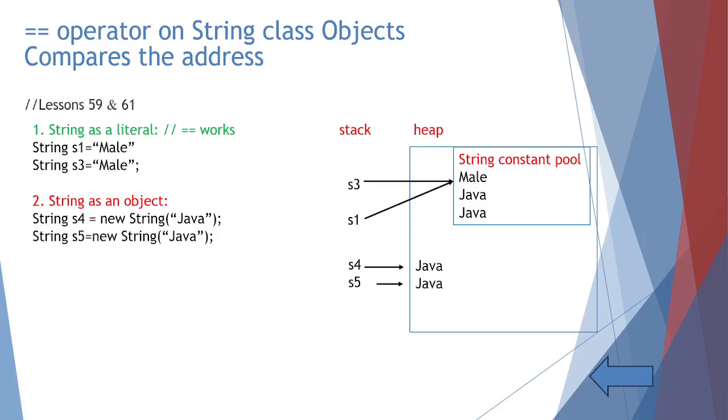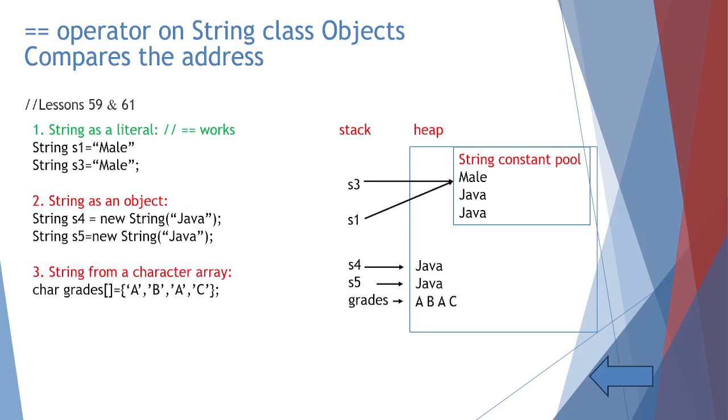Here is the need to use equalsIgnoreCase or compareTo methods. Now the third way, a string from a character array, where a new address is created, also requires equalsIgnoreCase and all these three methods, and input from the user also requires equalsIgnoreCase and compareTo methods.